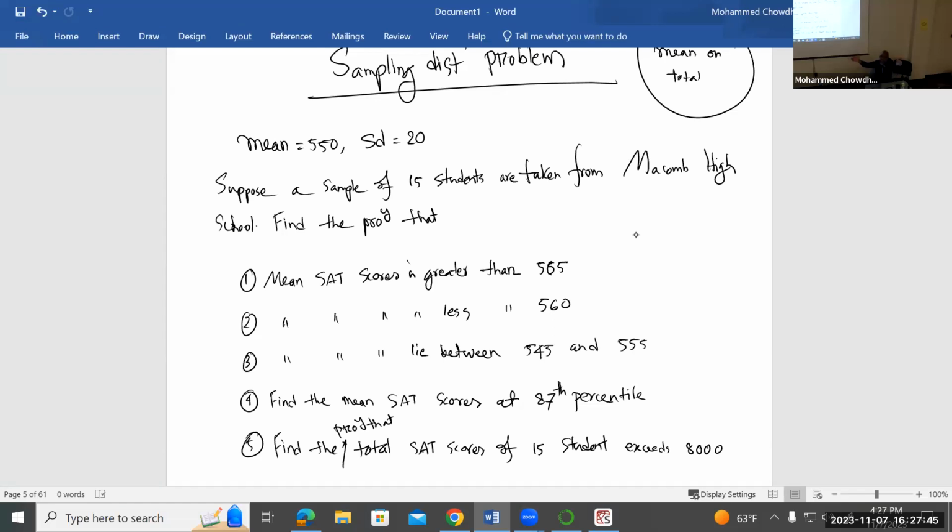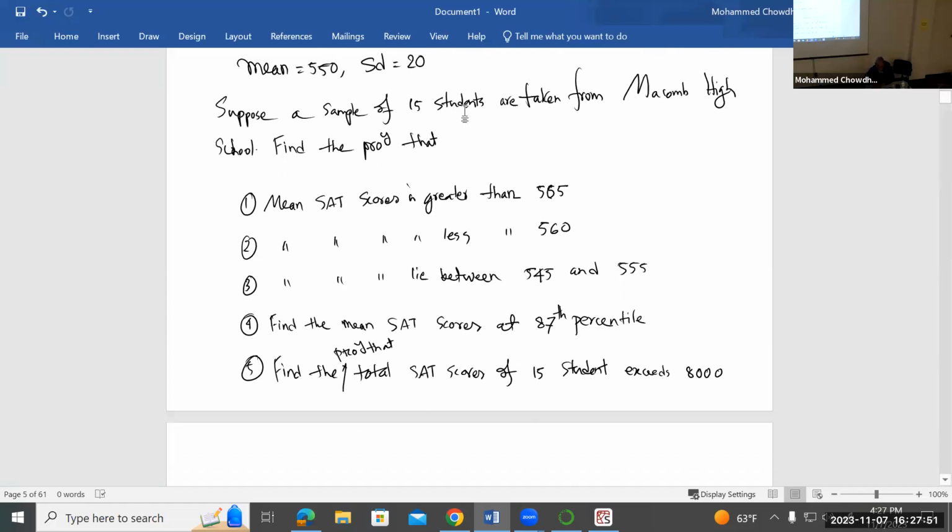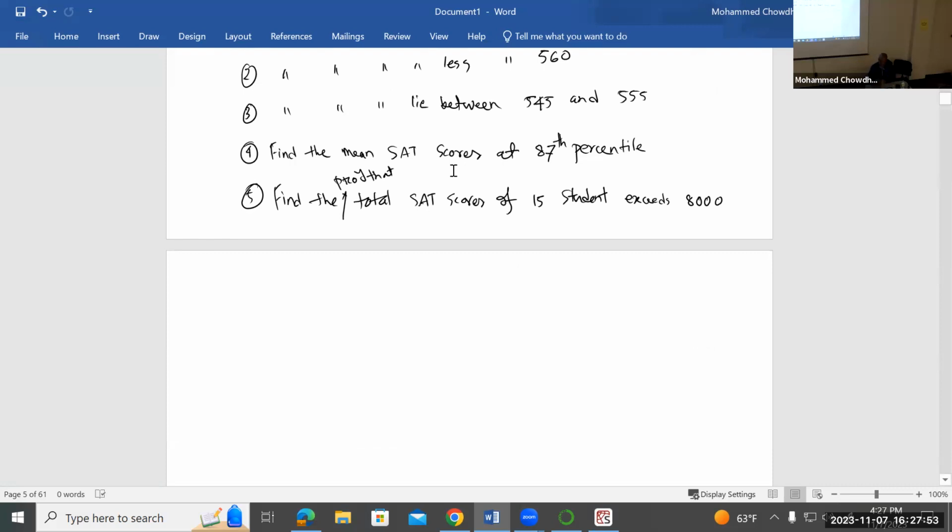Now I took a sample of 15 students and I want to find their results. It is the same type of problem, now it has a different form. Original mean was 550 and original standard deviation was 20.